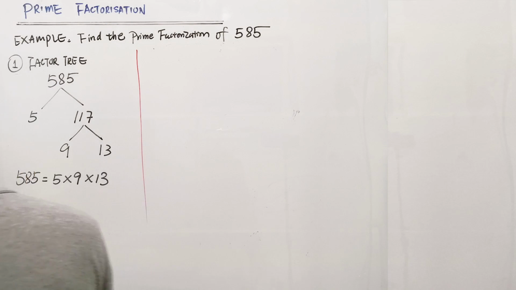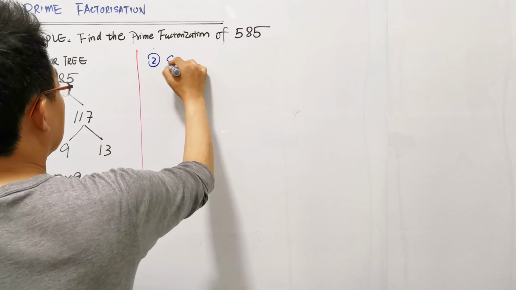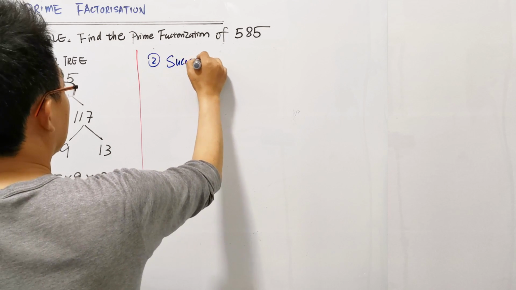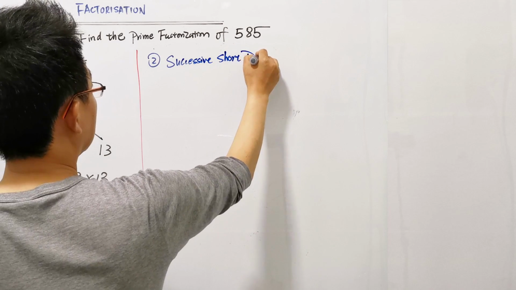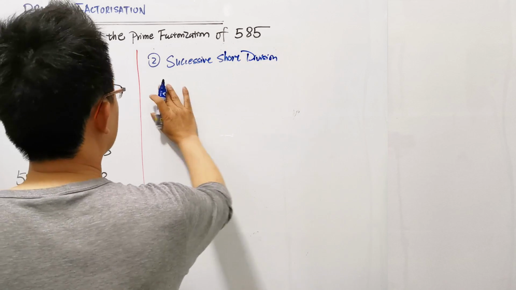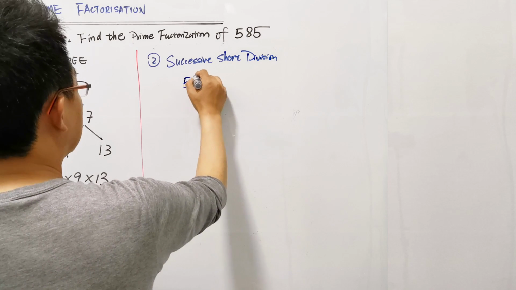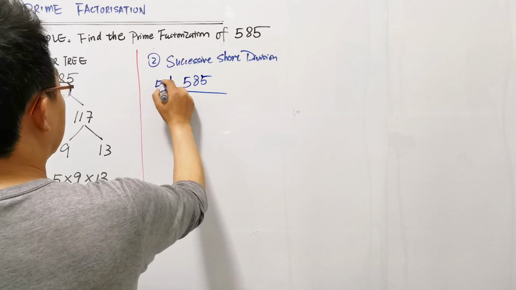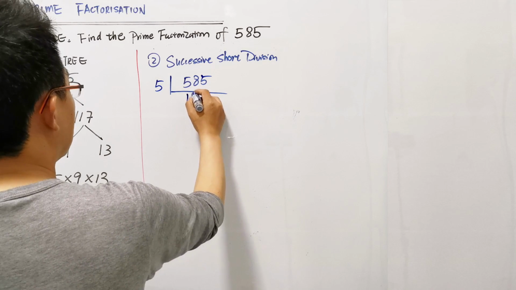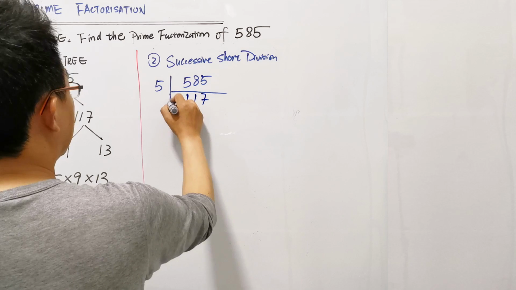Okay, second method. Successive short division, right? Okay, so we can use this one, 585. Okay, let's try 5. How much, 1? And 35 is 7, right? Next one.